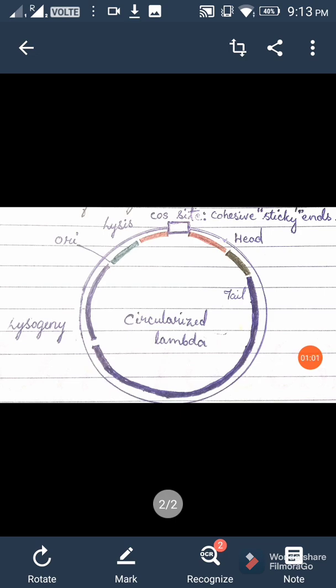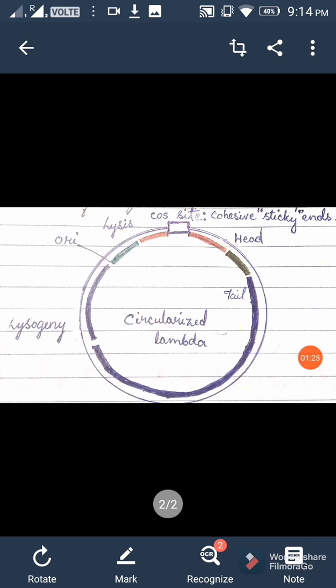Okay, it has genes for making the head of the virus, and the genes for making the tail, and it has the genes for the lytic cycle, for lysis. It also has the genes for lysogeny, that means when it enters the lysogenic cycle, and it has the origin of replication.